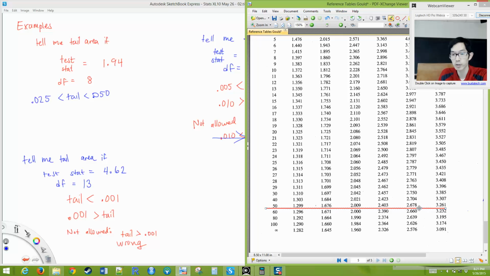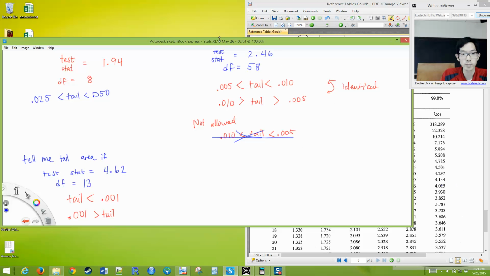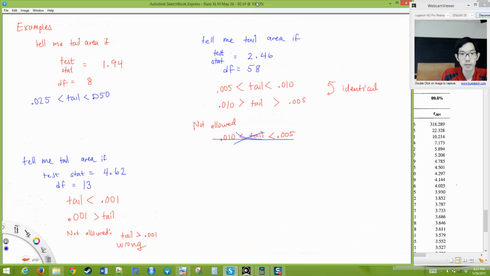Okay, so just one last one. What is your tail area if your test statistic is equal to 0.61 and degrees of freedom is equal to 4?